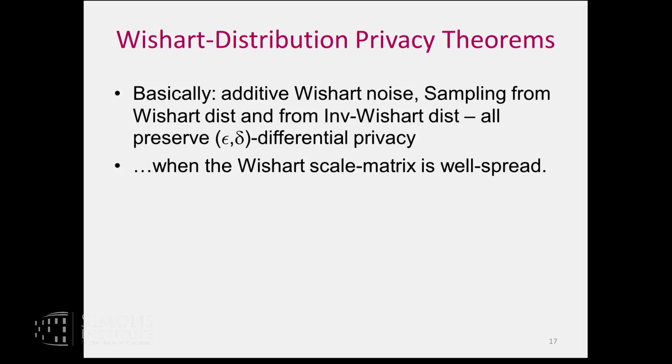I need the sampling from the Wishart distribution so that my scale matrix is well spread, has large eigenvalues. But basically what we started with, this triangle of privacy versus accuracy versus the size of the data, now becomes a niceness property. If I want low privacy loss and good accuracy, I better use the sampling on really nice matrices that are very, very well spread. And the trade-off now goes between these three parameters.